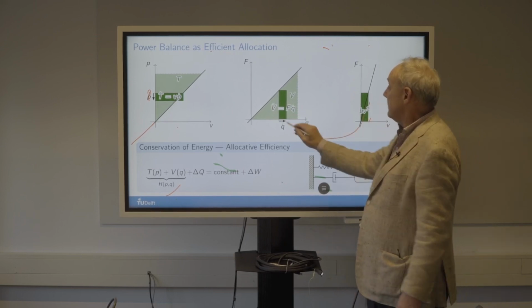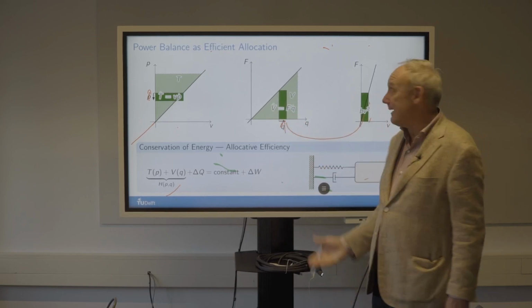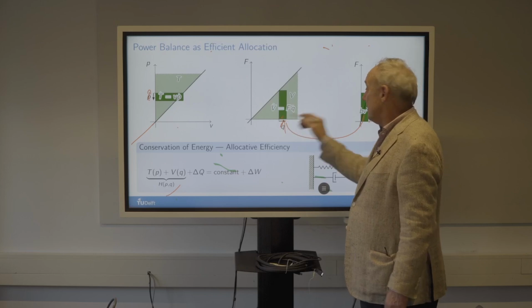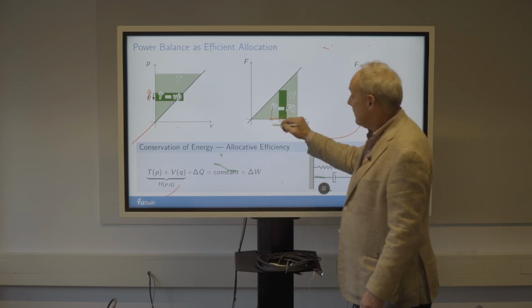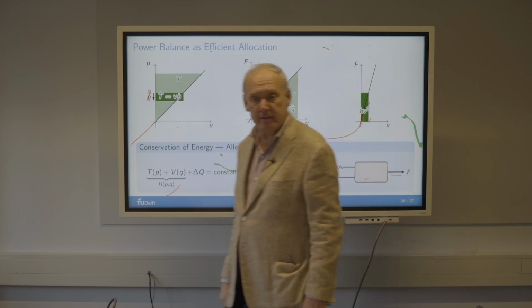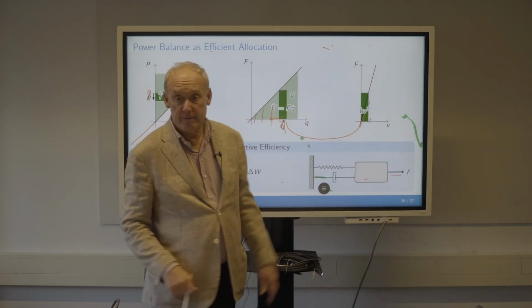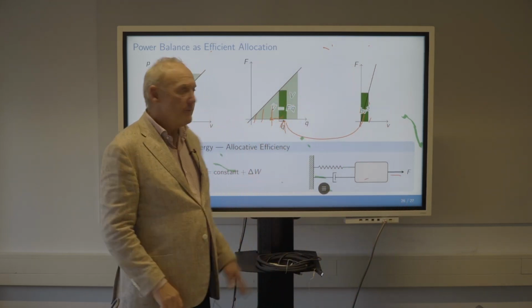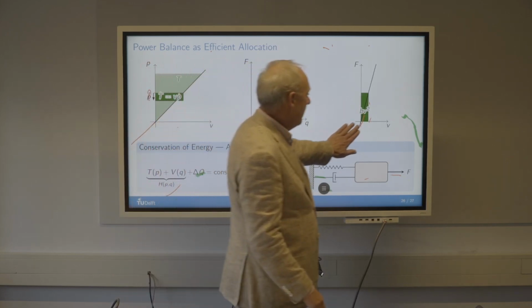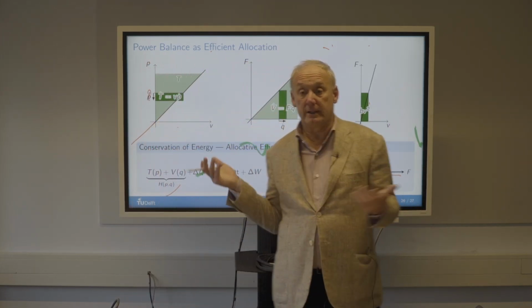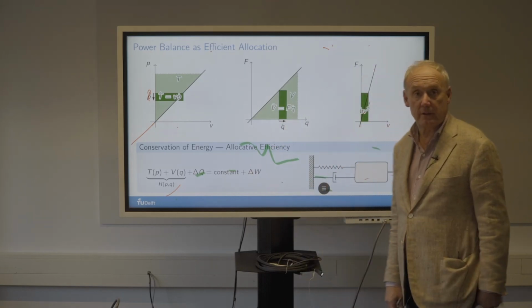So when you connect this to your storage, this will always be positive, so this thing always has to be negative, and you'll end up with nothing. Same story there. All right. Now, why do I make these graphs? Because this is how economists like to look at it, and I'm trying to make that connection. Okay?